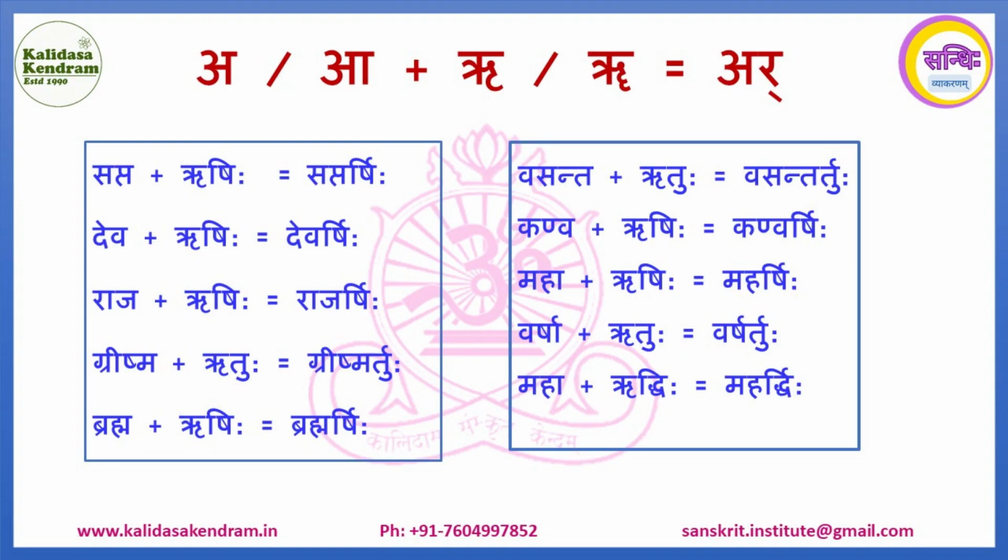Raja plus rishihi, rajarshihi. Grishma plus rutuhu, grishmartuhu. Brahma plus rishihi, brahmarshihi. Vasanta plus rutuhu, vasantartuhu. Kanva plus rishihi, kanvarshihi. Maha plus rishihi, maharshihi. Varsha plus rutuhu, varshartuhu. Maha plus riddhihi, maharddhihi.